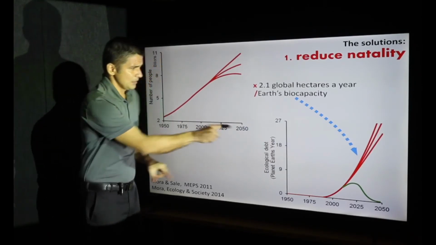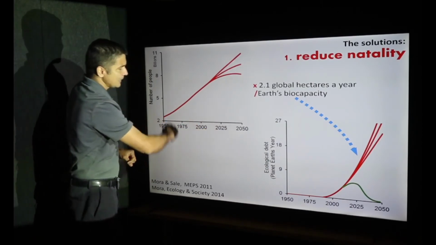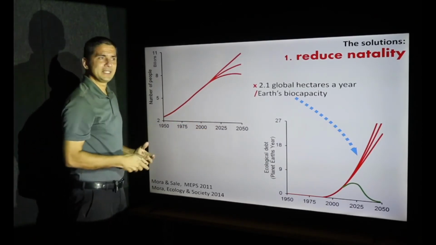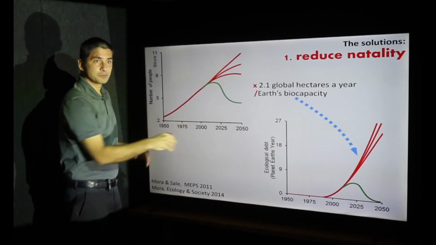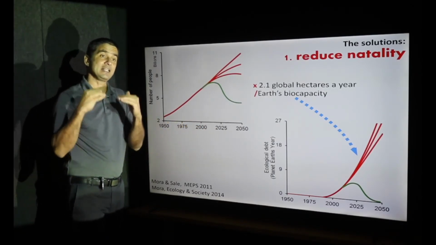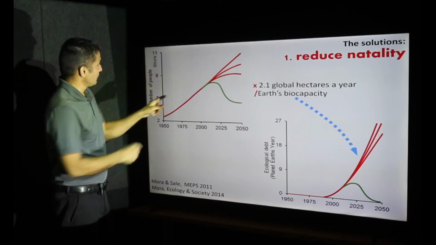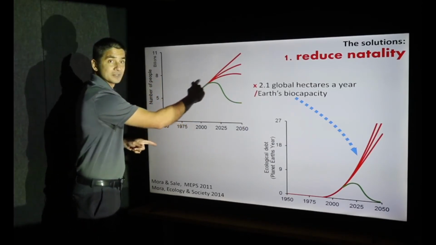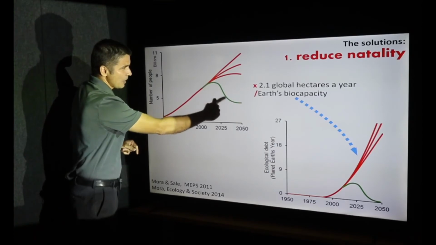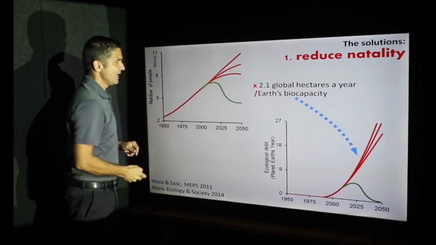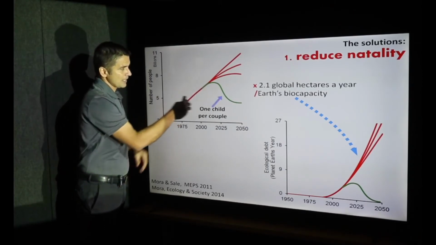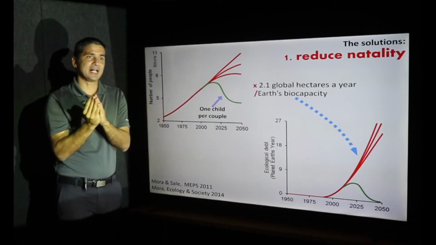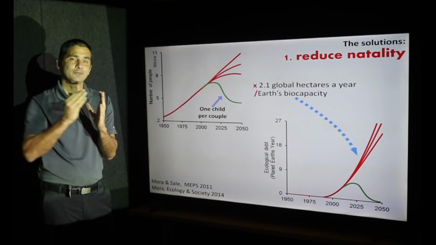What we did using that green line was to back-calculate how many people there will be. And interestingly enough, we can actually get that line, sustainability, making the planet live within sustainable means by having this population size here. And what we did was figure out how we get to this size of population. What we discovered was that it cannot be achieved unless every couple chooses to have one child from now on.